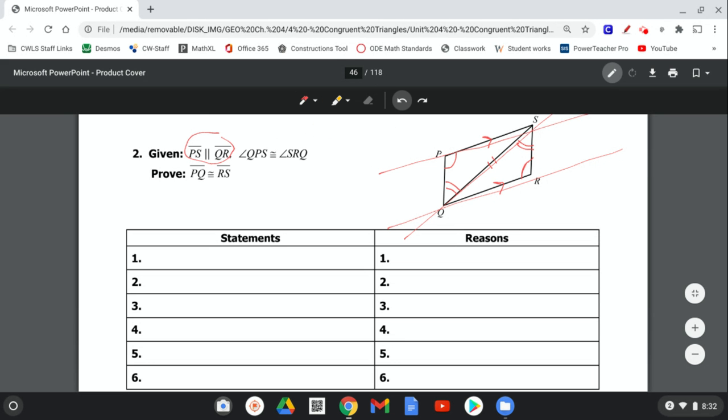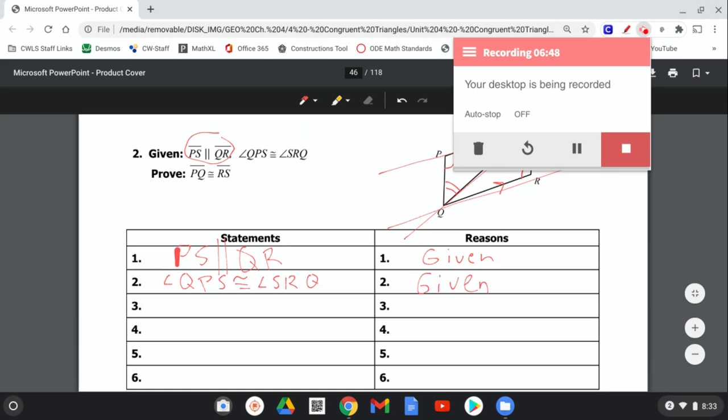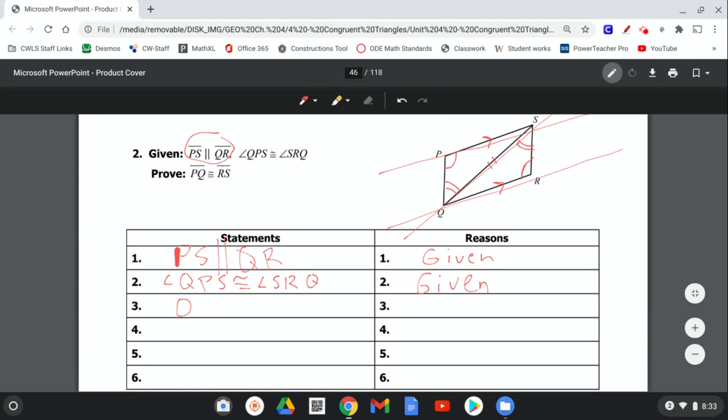Okay. So I'm going to fill in the given statements here. All right, guys. So I have the given statements filled in, and then the next thing is that QS is congruent to QS. All right, because that is the reflexive property. All right, and then the next thing is that we have those two angles were congruent.